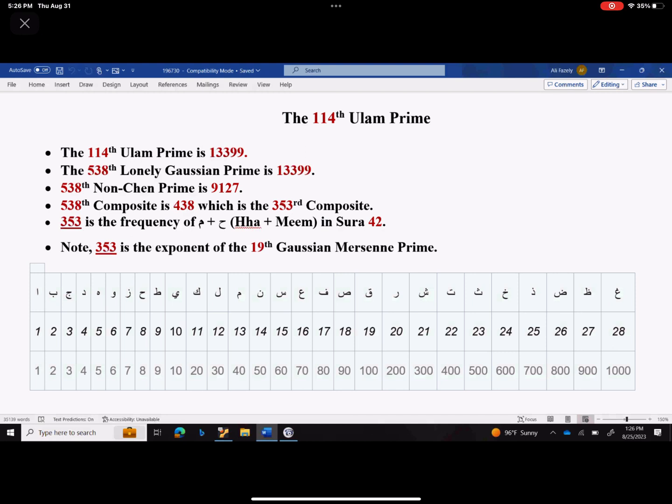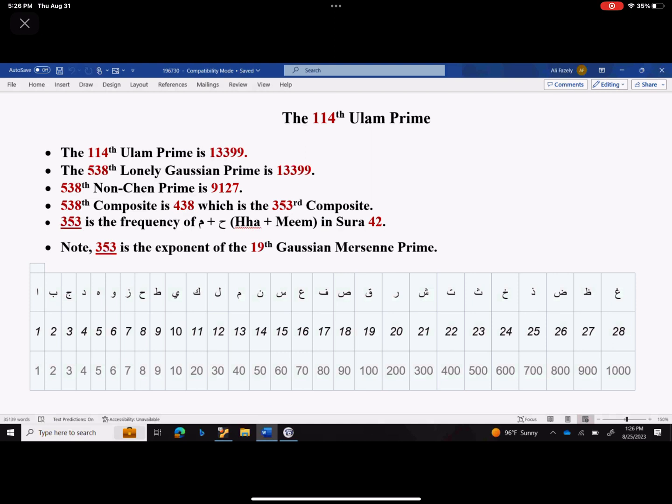So the first one is Aleph, and the 19th one is Qaf, and so on. You should just do it for yourself. And underneath that are the numerical values, the abjad values. So the last one is Ghain, which is 1,000.